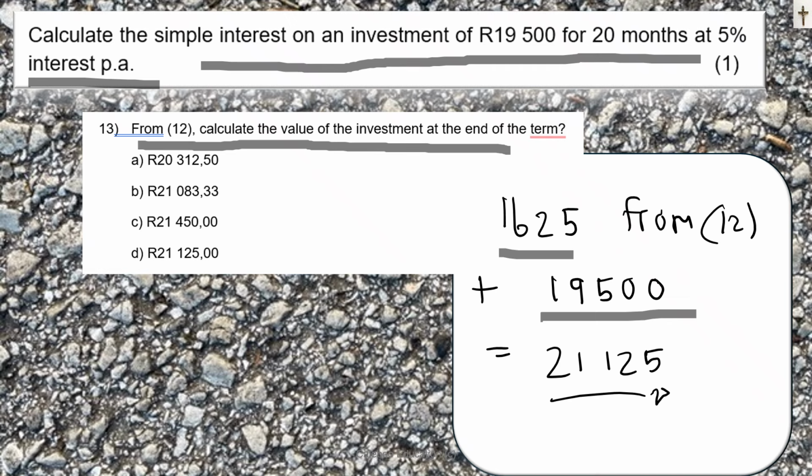So what is the value of the investment at the end of the 20 months? 21,125, and the answer is D. So the first question was calculate the interest, and the next one is the value of the investment with the interest at the end of the 20 months. 21,125.